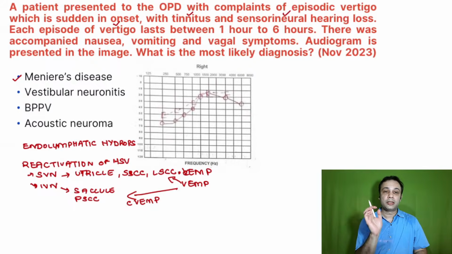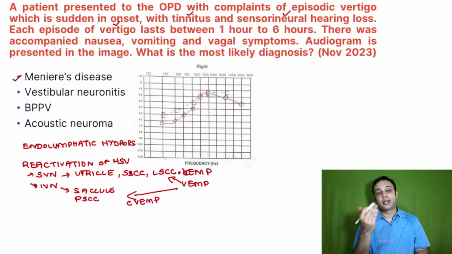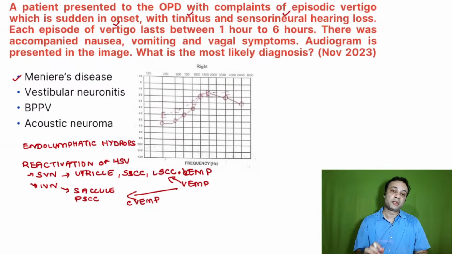These otoliths tend to get dislodged. It can be spontaneous, it can be because of trauma. They get dislodged most commonly into the posterior semicircular canal, second most commonly into the lateral semicircular canal, and the rare one is the superior semicircular canal. So remember, in that order it is affected, right?